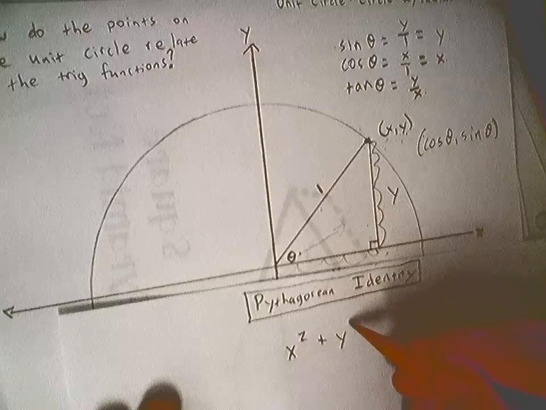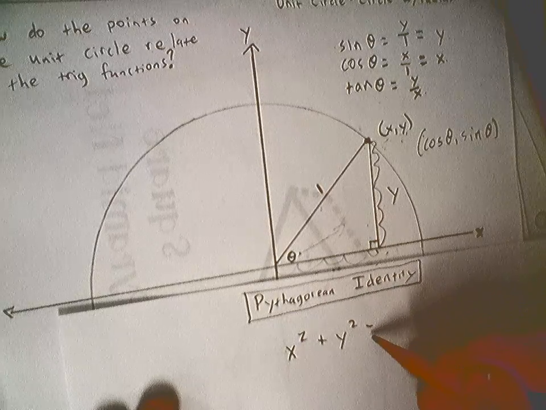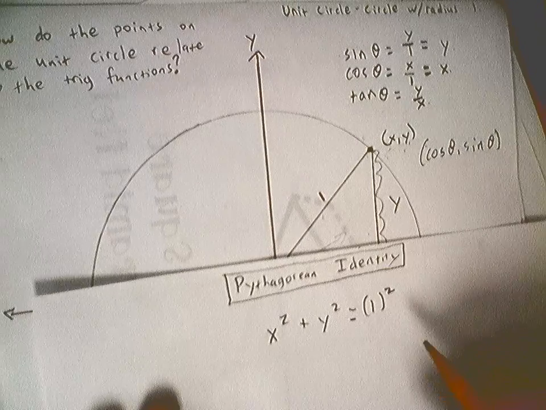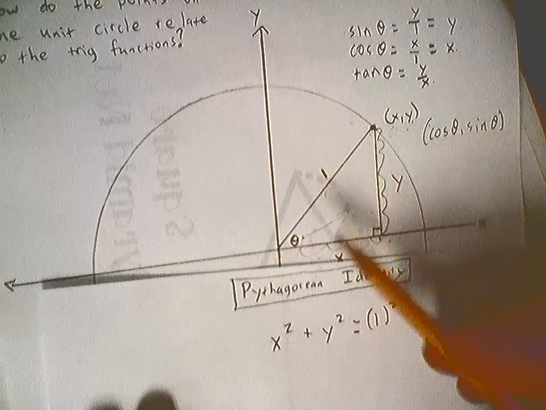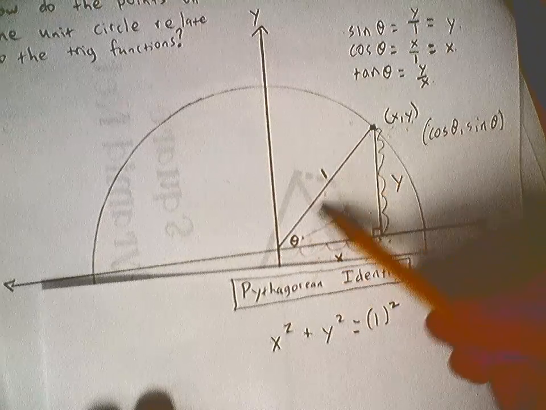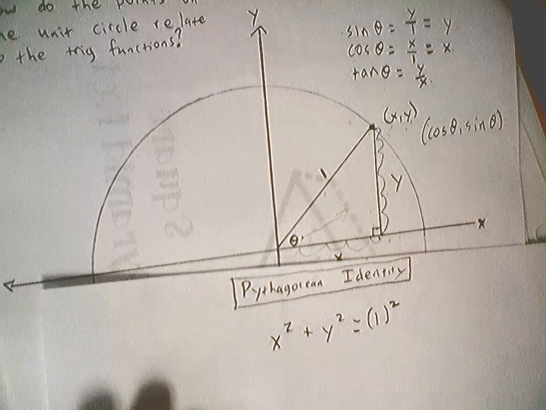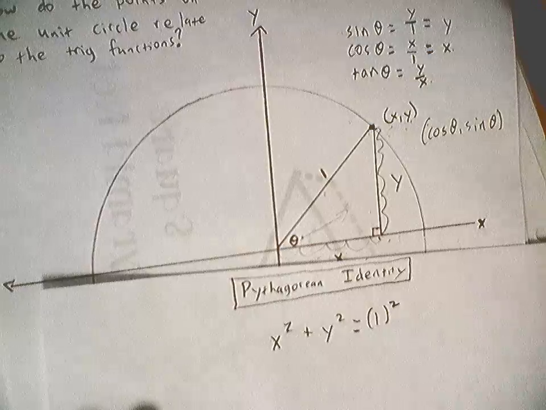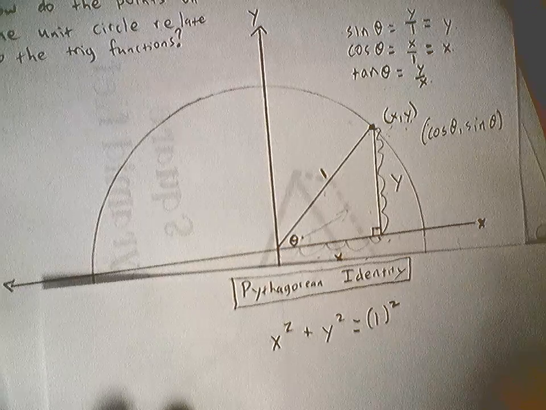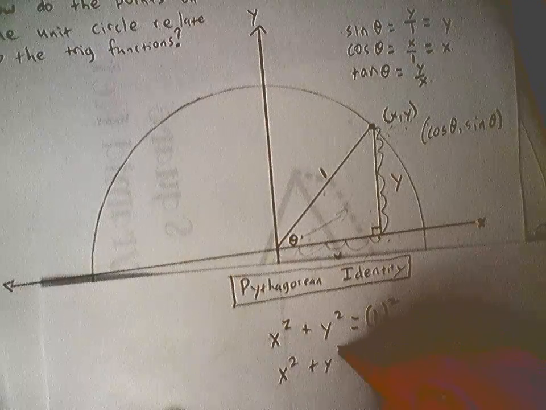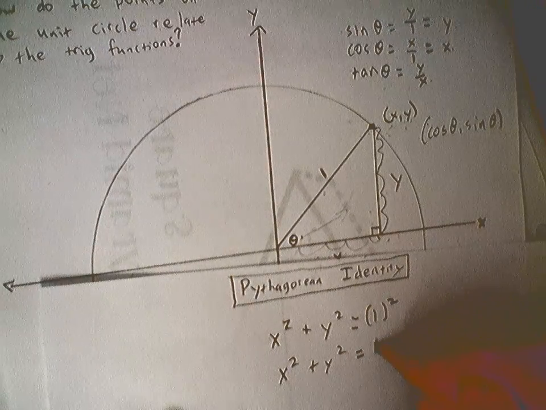So x squared plus y squared equals the hypotenuse squared. But we're working with a unit circle, and this hypotenuse is in fact our radius, so our hypotenuse is just 1. So x squared plus y squared equals 1 squared. So 1 squared is, of course, just 1.